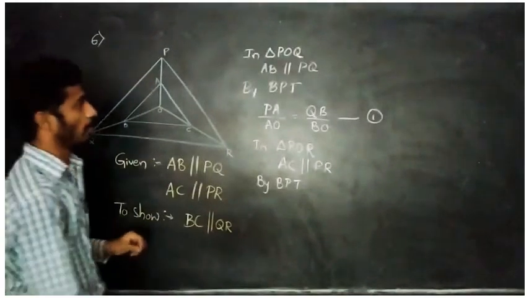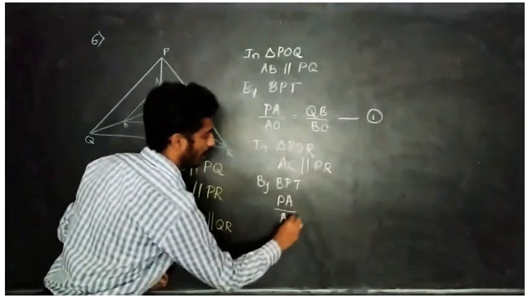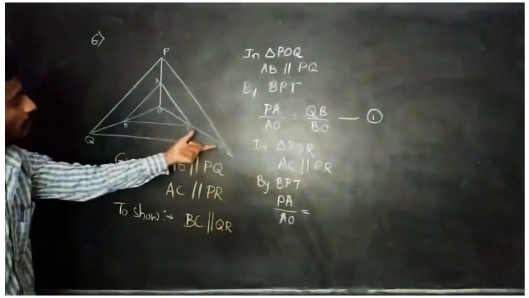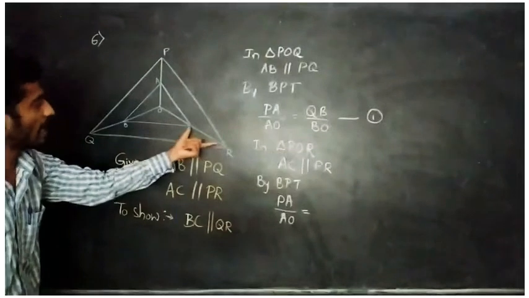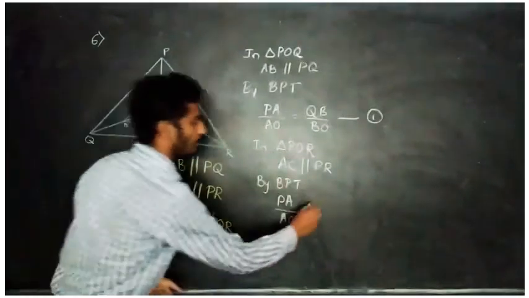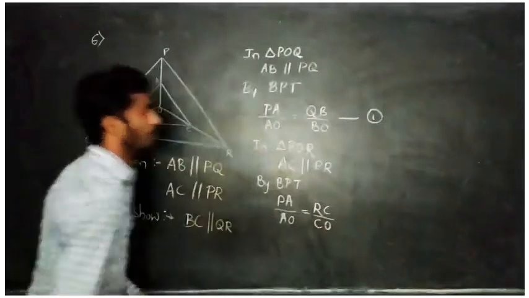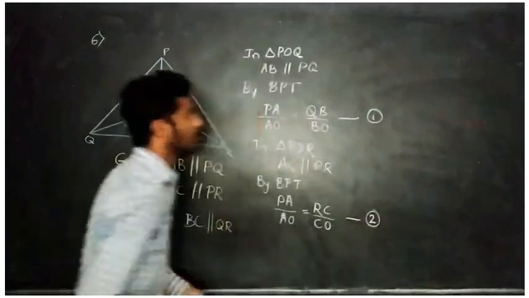PA by AO equal to, taking the outer side, RC by CO. Let's take it as equation number 2.